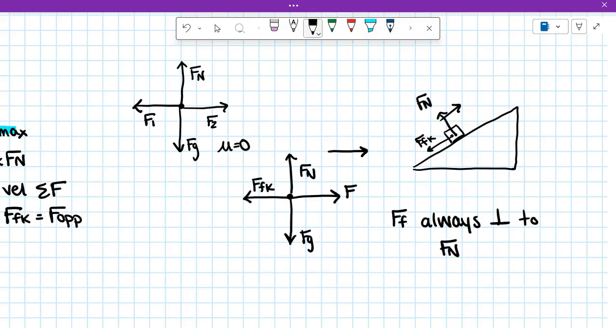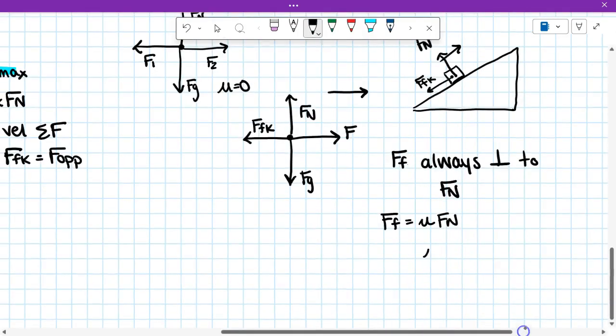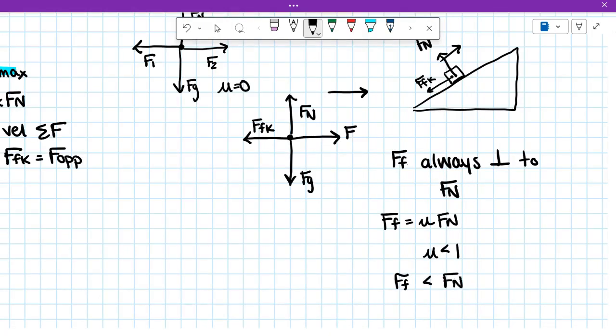Okay. Now, one thing to also keep in mind is, no matter what coefficient we're using, that coefficient is usually less than 1. That also means that our forces of friction are usually less than our normal forces. So that is one thing to keep in mind if you are doing a scaled free body diagram.